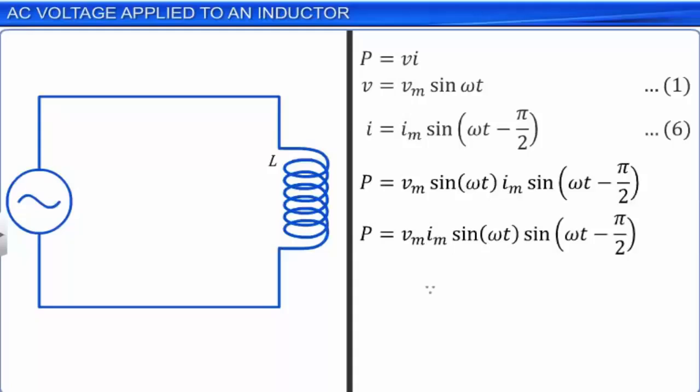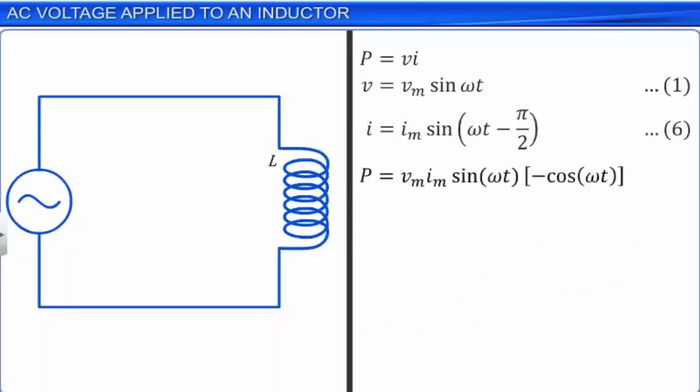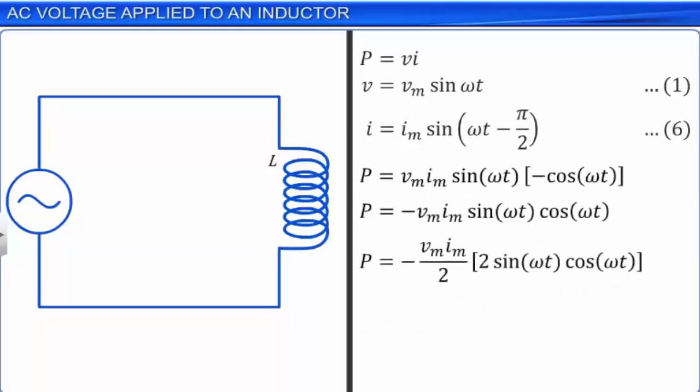As sin omega t minus pi by 2 is equal to minus cos omega t, and 2 times sin omega t into cos omega t is equal to sin 2 omega t, we get power P equal to minus Vm Im by 2 into sin 2 omega t, as shown. Let this be equation 7.